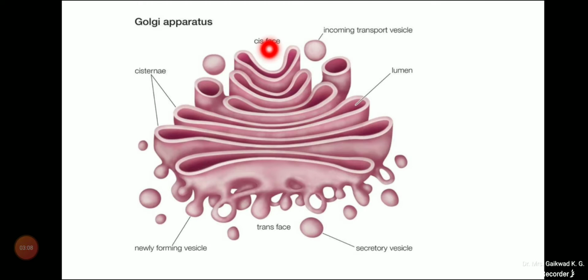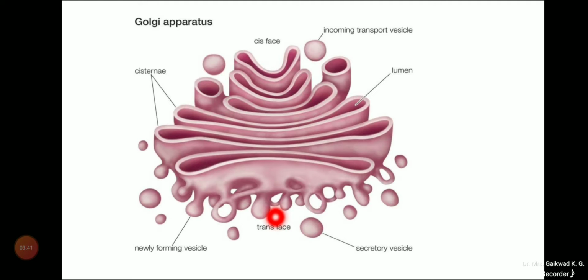And what about the trans face? Cis means the same side, and trans literally means the opposite side. From this trans face, the maturing vesicles are present, so the trans side is called the maturing face.